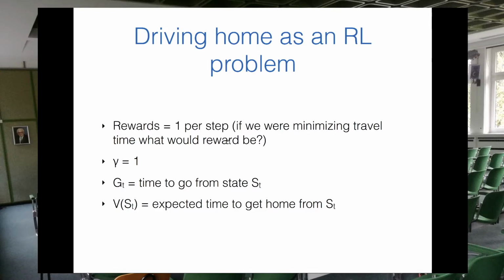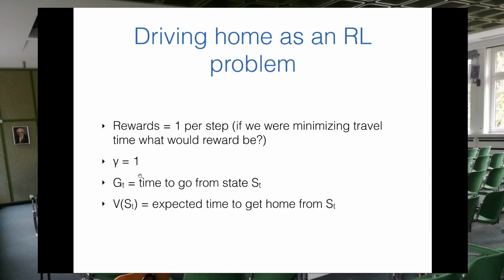If we want to minimize the time, then you could use, for example, -1 for every minute that you are waiting or you haven't arrived home. But there could be other ways to define the reward. So in this exercise, consider that you will count 1 per step.